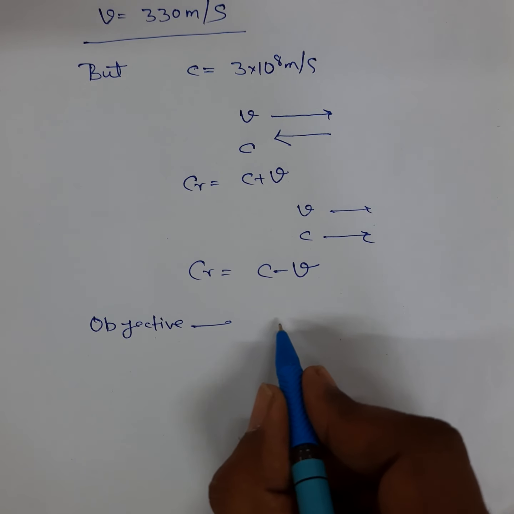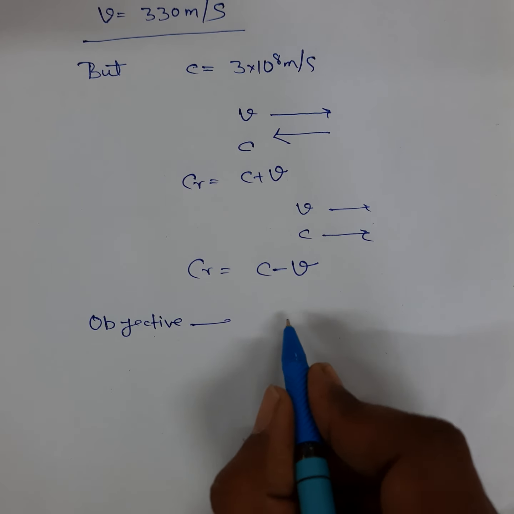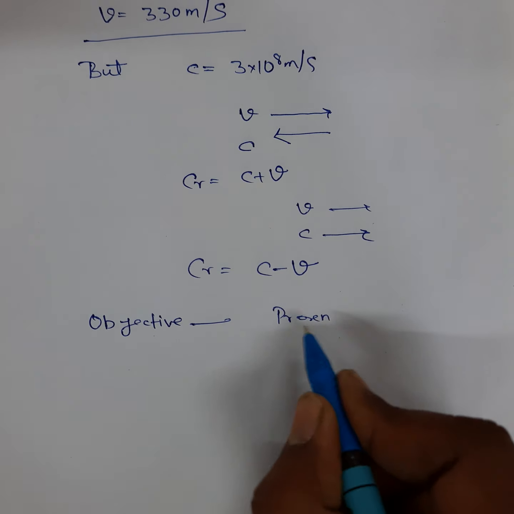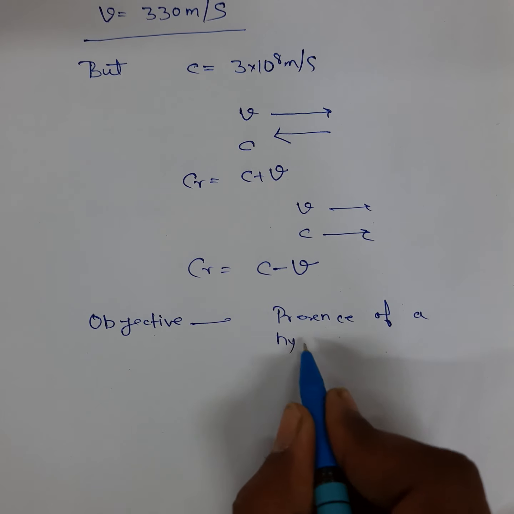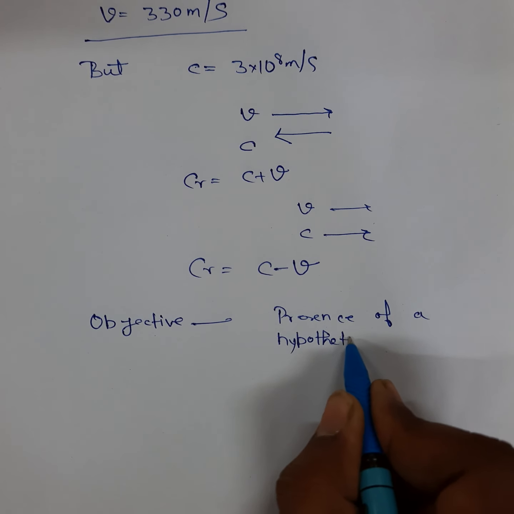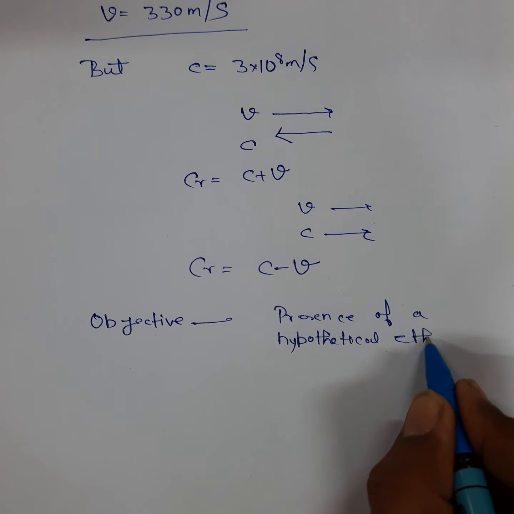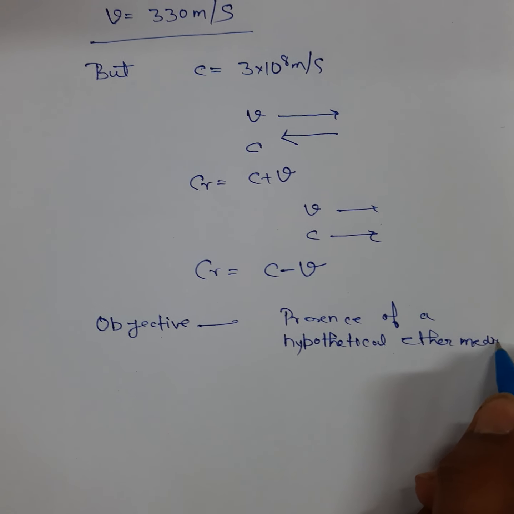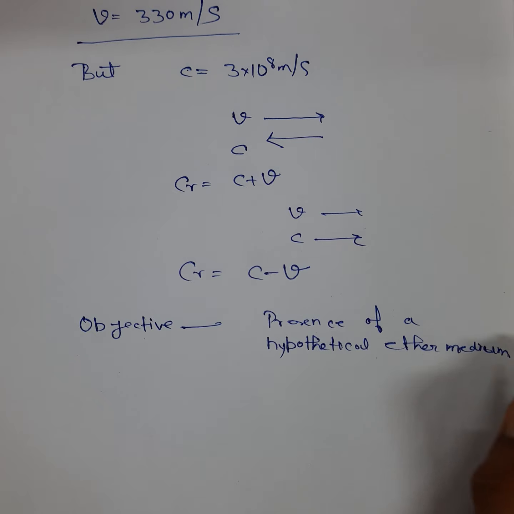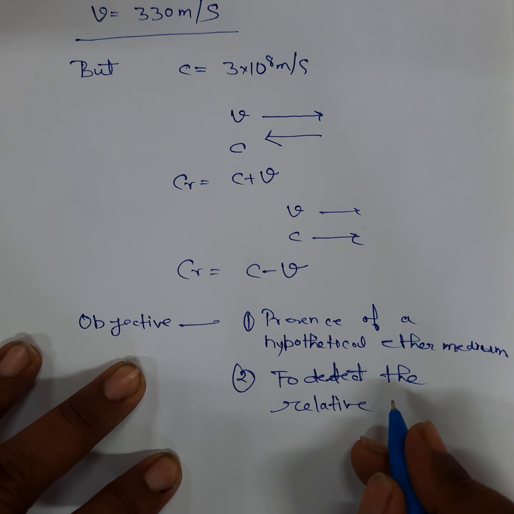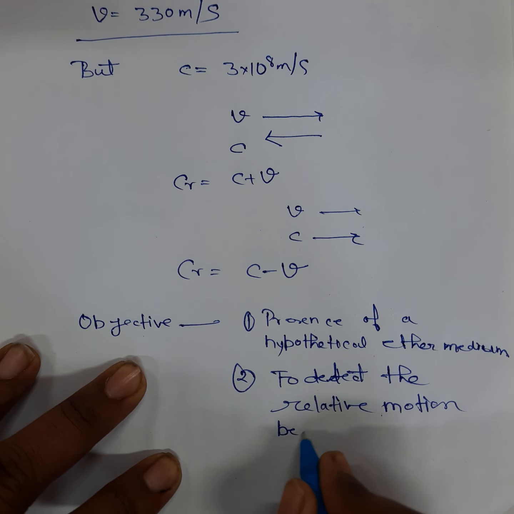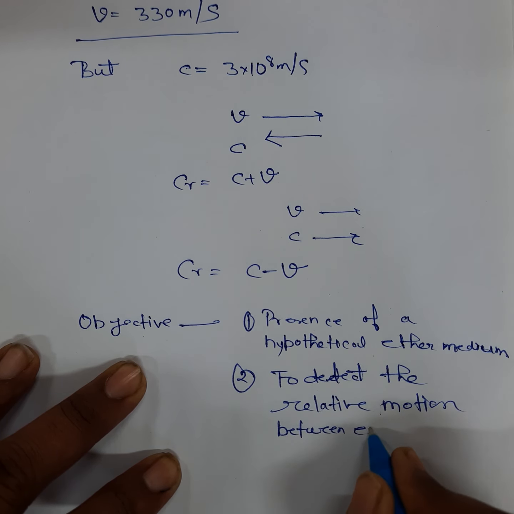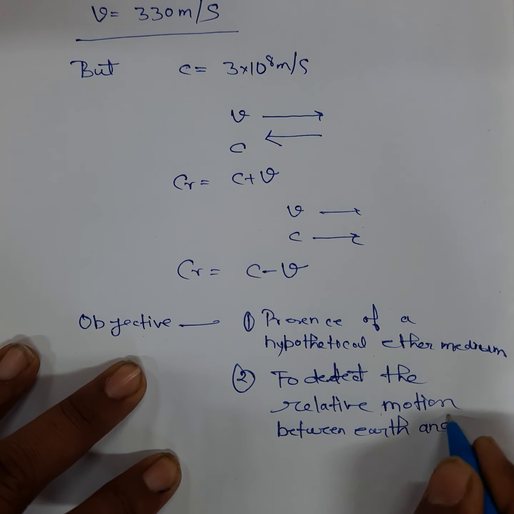The main objective of the Michelson-Morley experiment was to confirm the presence of the hypothetical ether medium and to detect the relative motion between earth and ether.